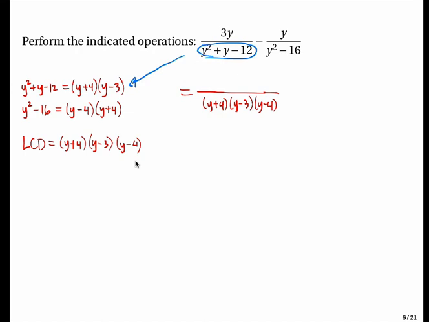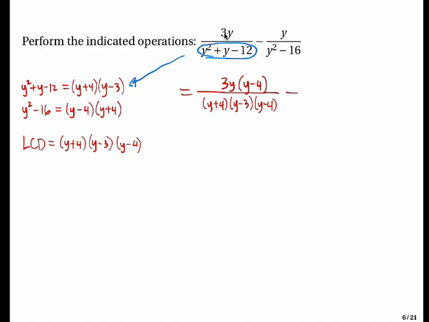So from here, we have the factors y plus 4 and y minus 3, but we don't have the y minus 4, and we want to put it in the denominator. We must also put it in the numerator. So you have your y minus 4 here, and of course, don't forget that 3y.